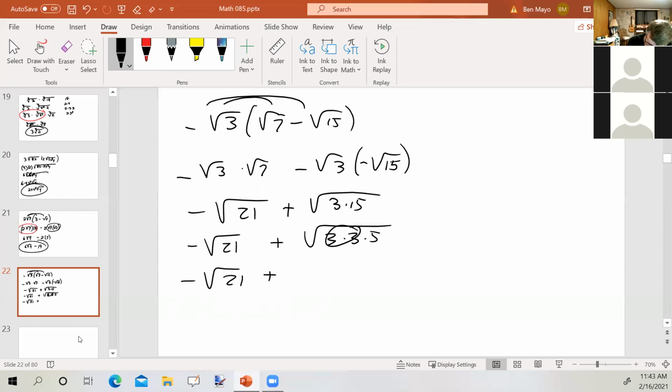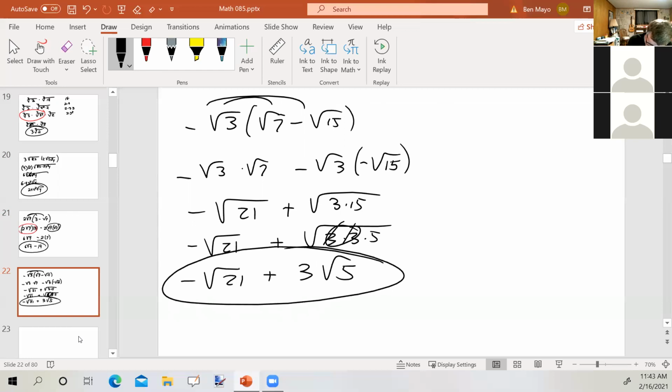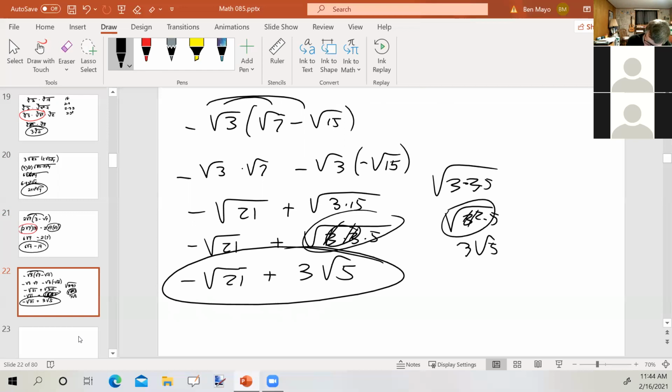This would be 3 squared. The square root of 3 squared is 3 outside. So I've got negative the square root of 21 plus 3 square roots of 5. And what I did here is that, and then that becomes 3. So I just skipped that step. Said, well, I got 2 factors of it. All right.